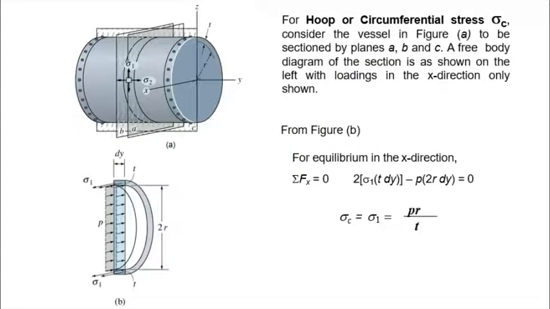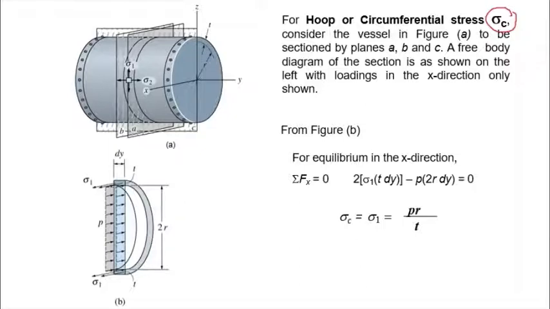Let's take a look at the derivation for the first one, which is the hoop or circumferential stress, normally written in texts as sigma c, right? So we have sigma c, and in certain texts they write it as sigma 1. Okay, what we do is, if you take a look at the cylinder itself, the cylinder is going to be sectioned by three planes, three sectioning planes.